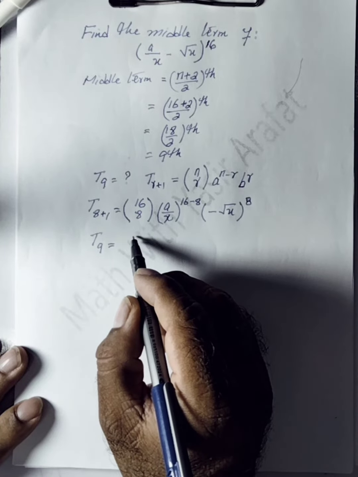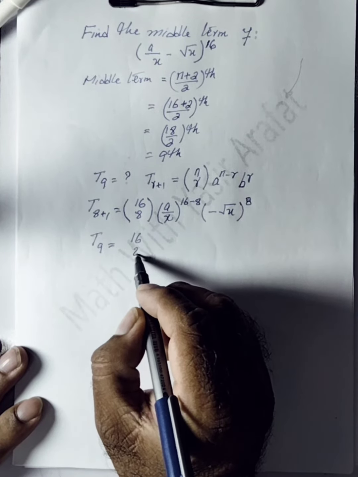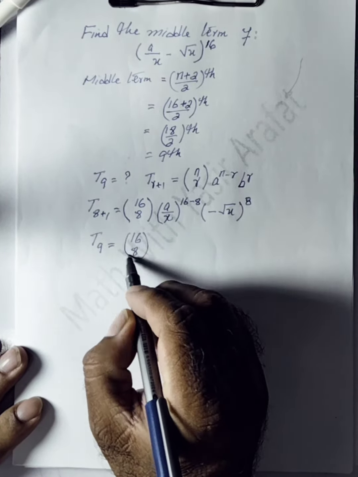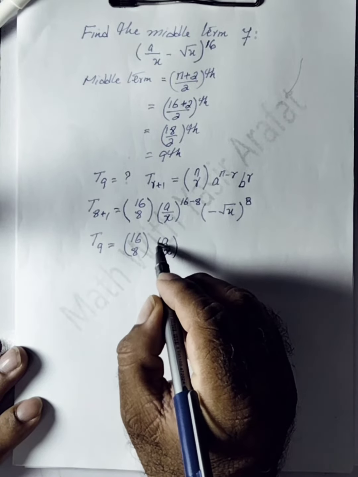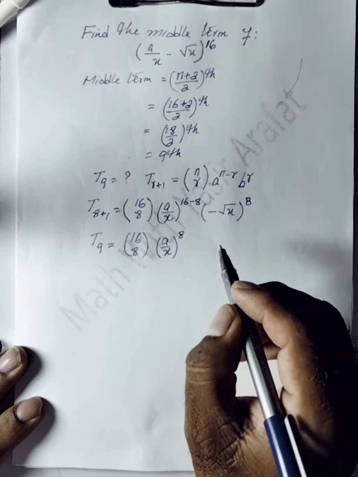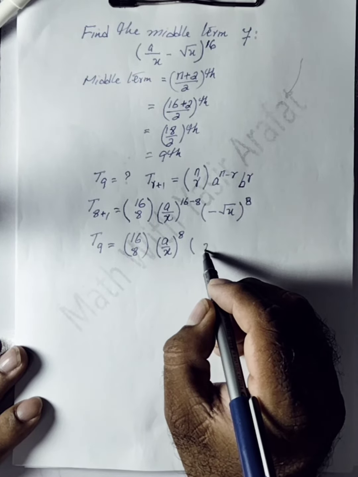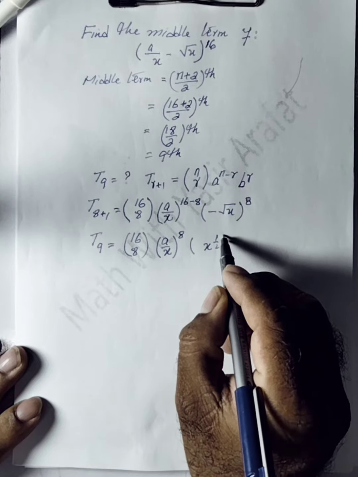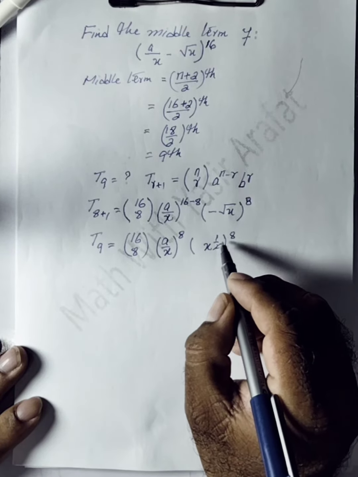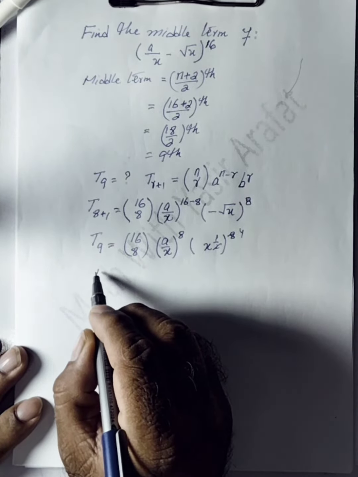So this is 16C8. The power 8 is even, so the negative will change into positive. The radical means 1/2, and 8 times 1/2 is 4, so x to the power 4.